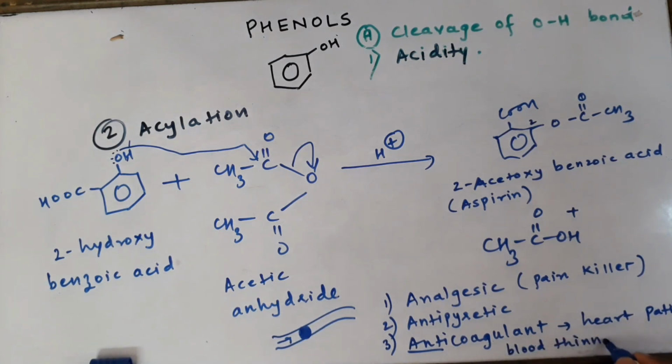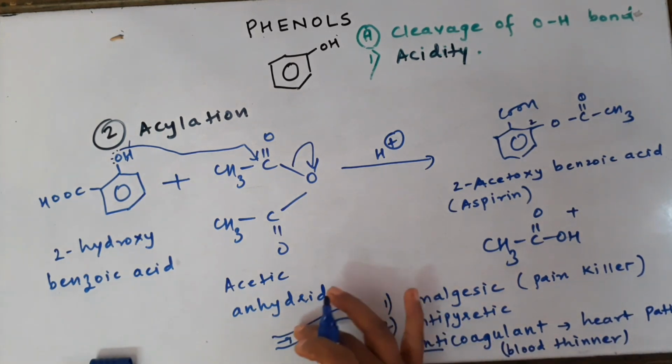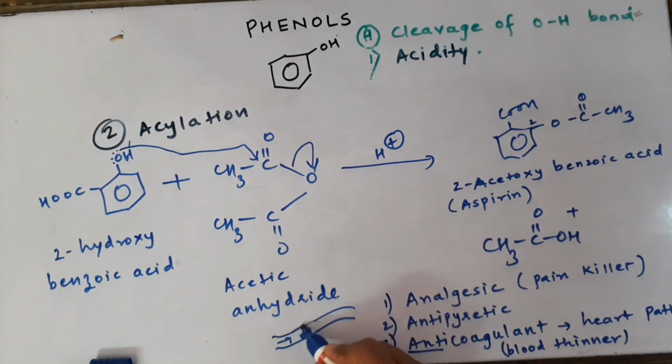It will not let the blood sediment or settle down, and intake of aspirin will lead to this figure. Now you can see what's happened. So aspirin has reduced the blood clotting tendency, and the blood can easily flow through. So intake of aspirin will make the case this way.